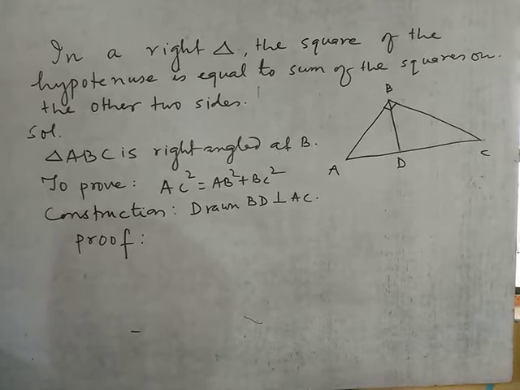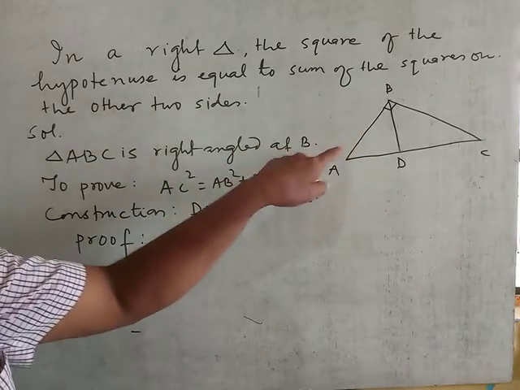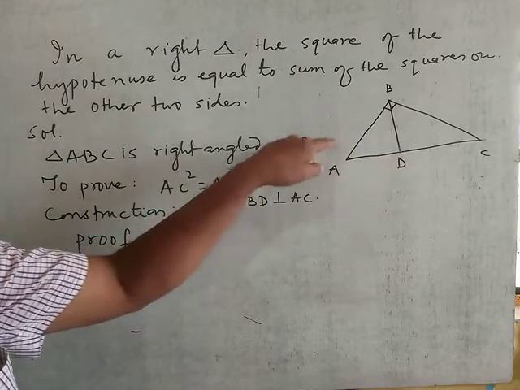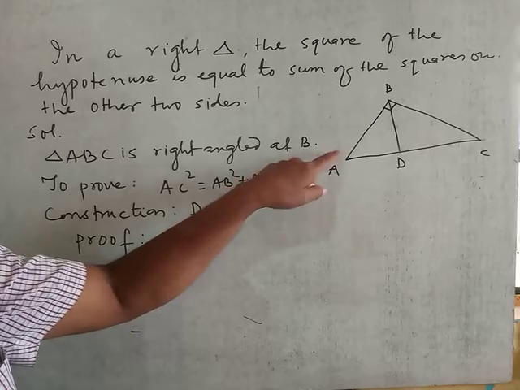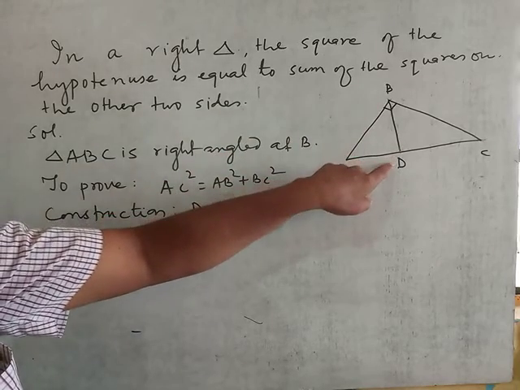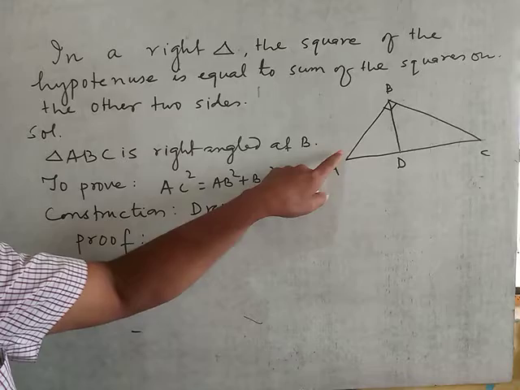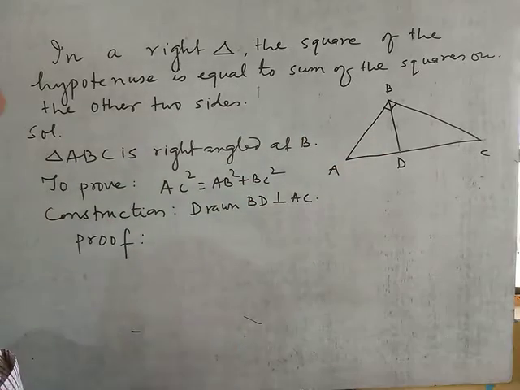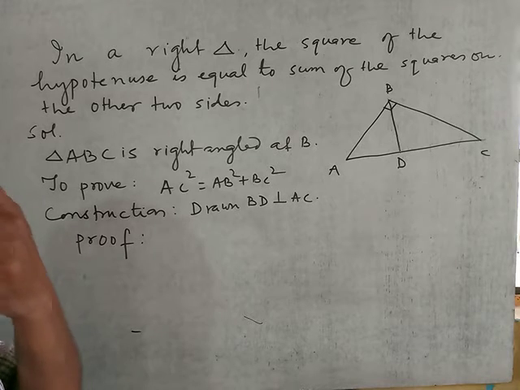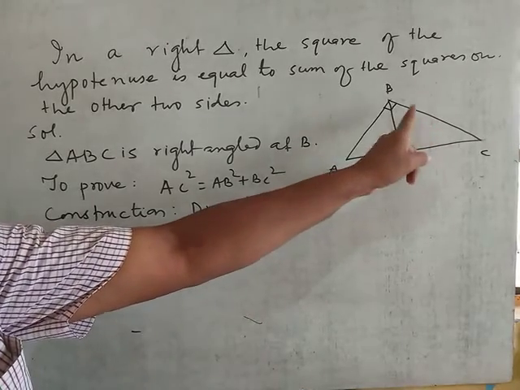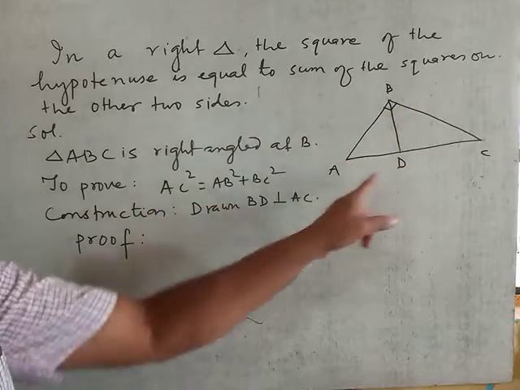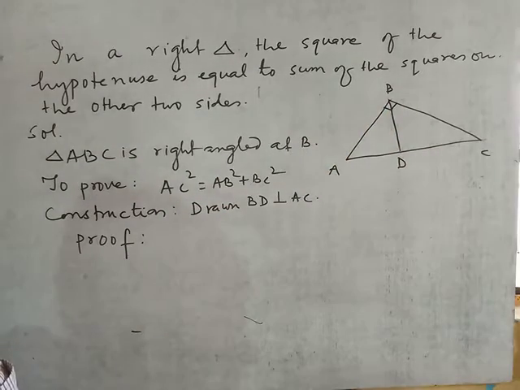So we'll compare triangle ABD with triangle ABC, the big one, right? And this triangle BDC we will also compare with this triangle ABC.